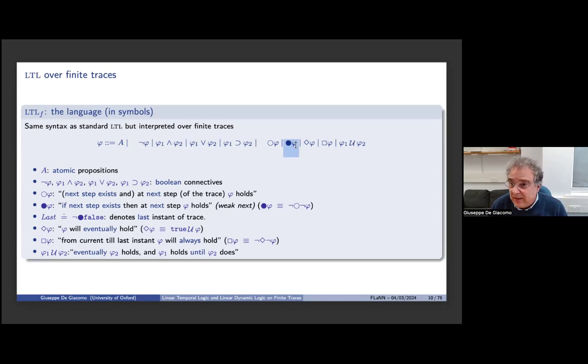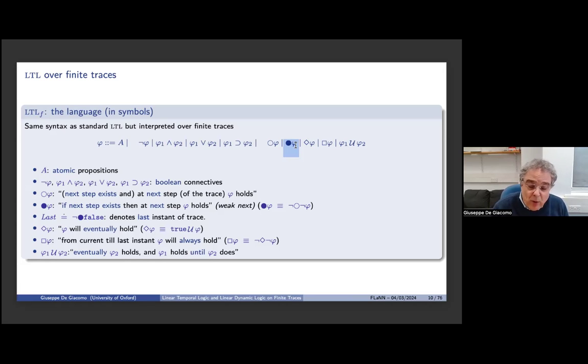And this actually gives rise to two forms of next. A strong next, which is the usual next we use in temporal logic, that says there exists an instance, and in that instance phi is true. And a weak next, here denoted with a black circle, that says that if there exists an instant, at that instance phi holds.